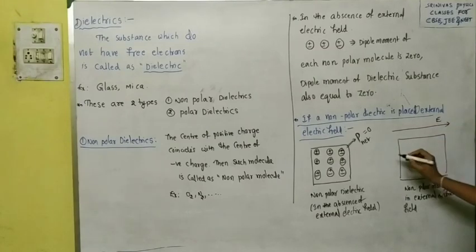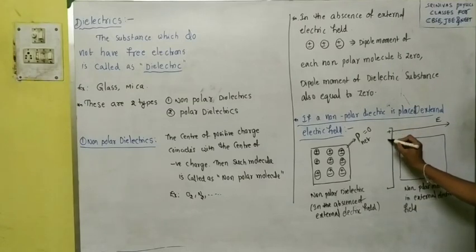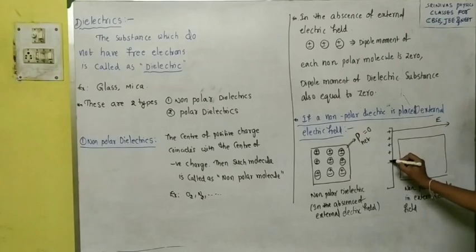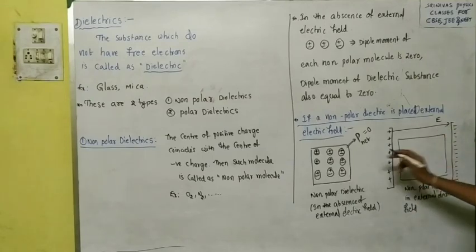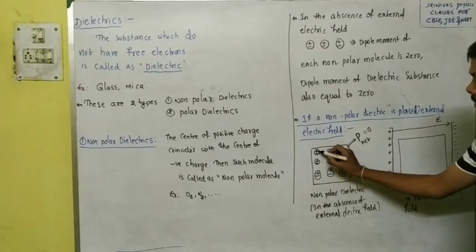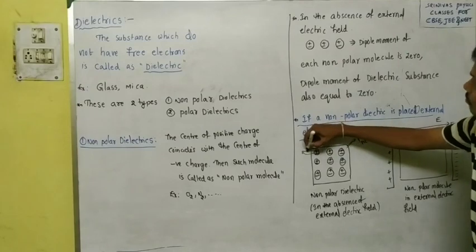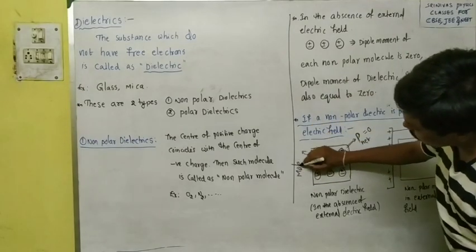This is the applied electric field. How to supply the electric field? One side you keep the positive charged plate, other side you keep the negative charged plate. In between the two plates, let us keep the non-polar dielectric. Non-polar dielectric has the non-polar molecules. This is a molecule, right? Molecule, this one.